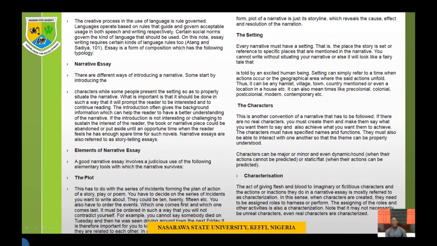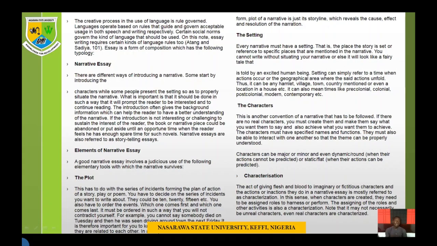Then the next one is characterization. I mean, another element is characterization. When you create characters, especially imaginary or fictitious characters who are not real, you're supposed to create instances of what to do in them. They can't do anything because you create them. You have to characterize them.